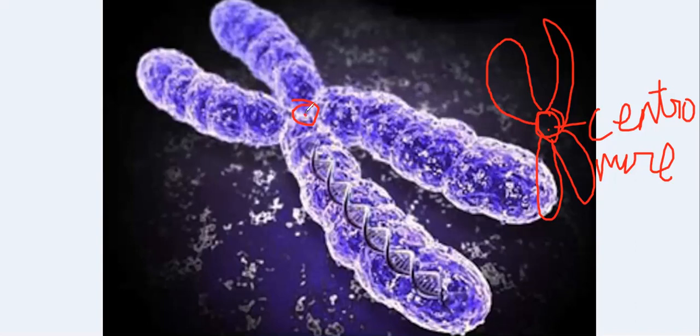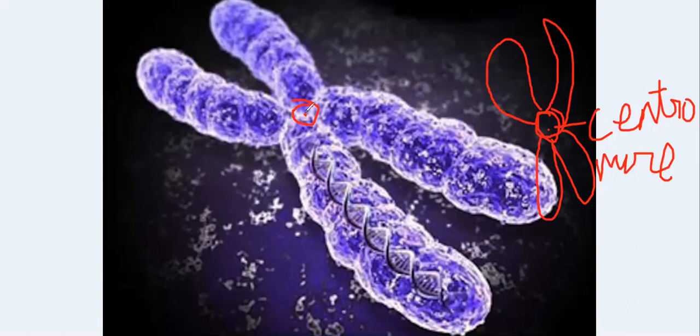The centromere also serves to attach the spindle fibers during cell division. As the spindle fibers contract, the sister chromatids are separated at the centromere and each is pulled away from the other towards the two poles of the dividing cell.